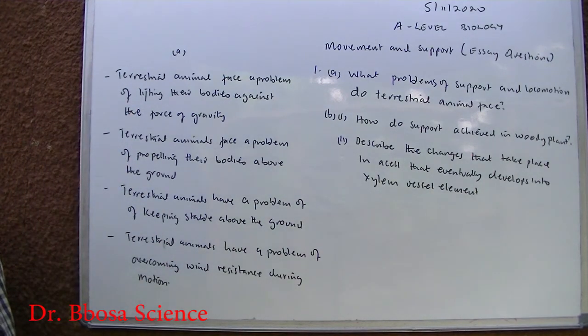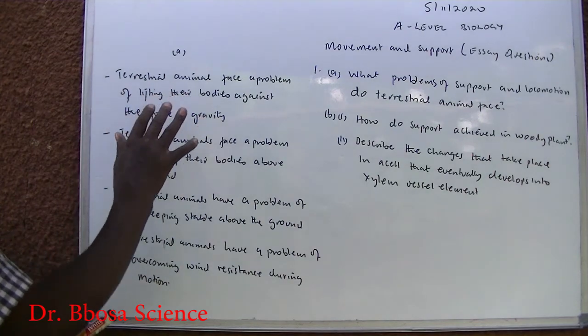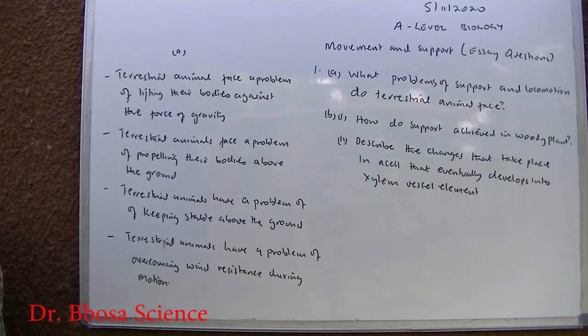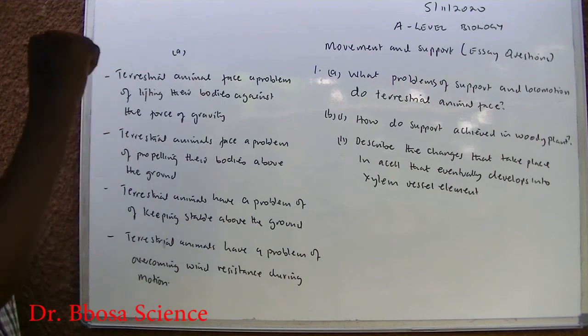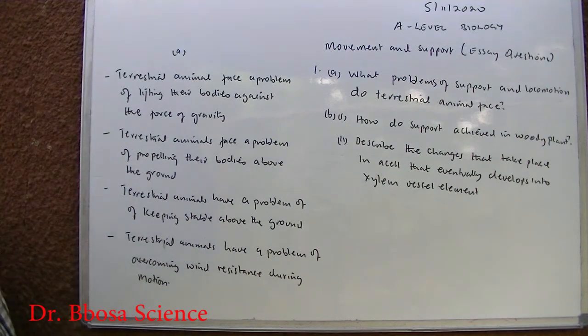1. Terrestrial animals face a problem of lifting their bodies against the force of gravity. 2. Terrestrial animals face a problem of propelling their bodies above the ground, because all the time gravity is pulling the body to the ground. 3.